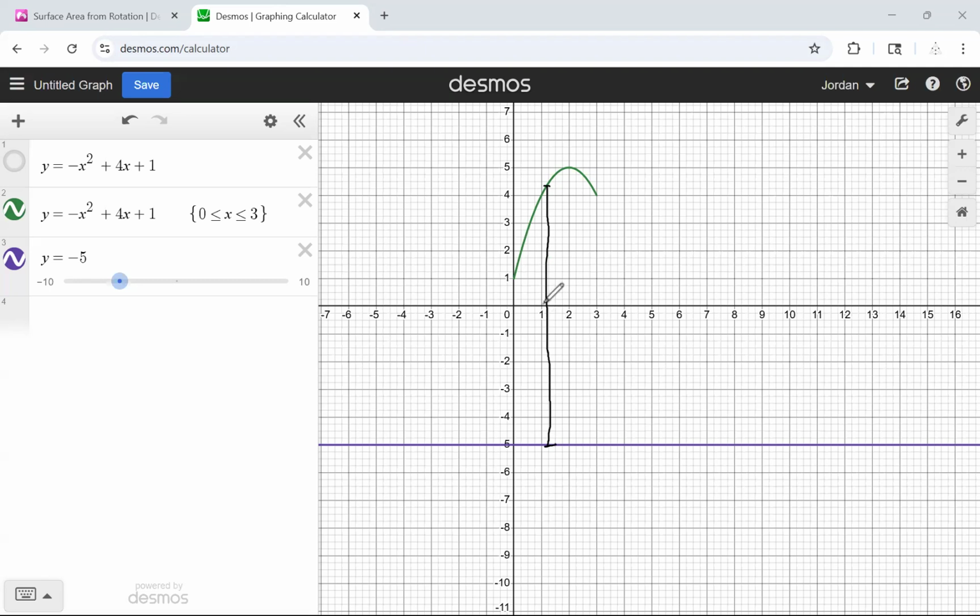Instead of rotating around the x-axis, I'm rotating around y equals -5. So that's what my radius is doing. By the way, this curve is above -5 always, and therefore we're going to do curve minus -5 as my radius.